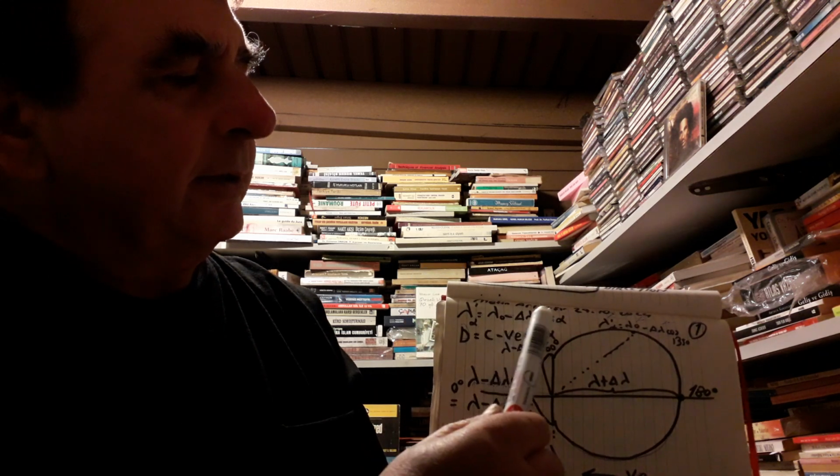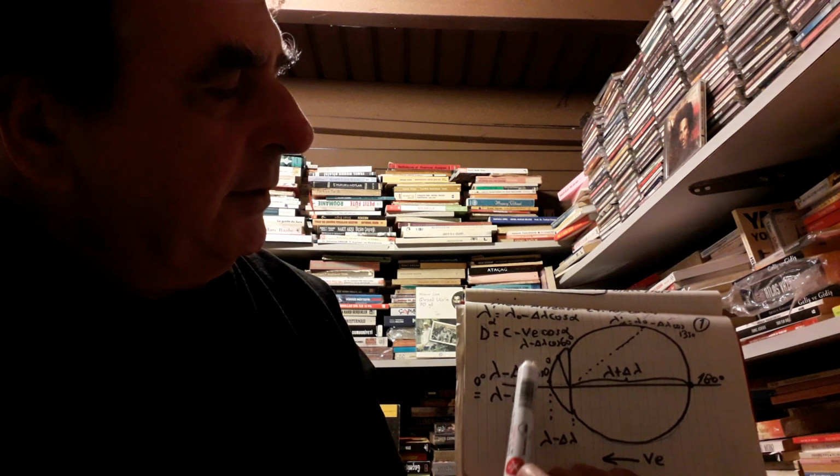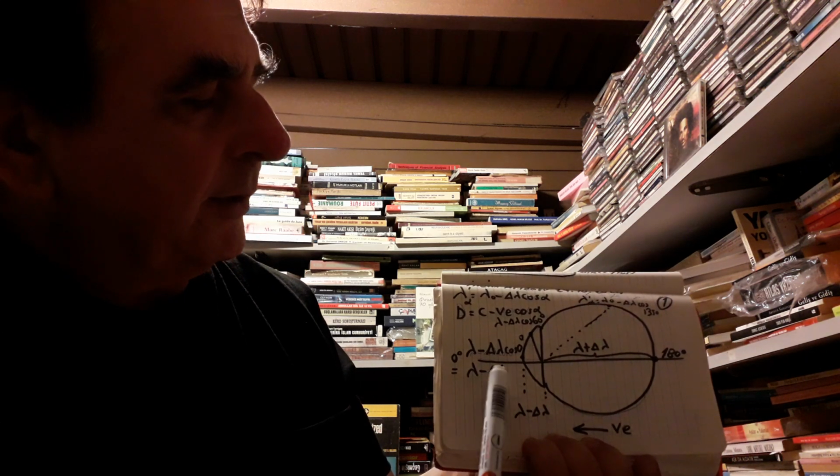Lambda minus delta lambda cosine 0 degree motion direction, lambda minus delta lambda cosine 0 equals lambda minus delta lambda, or the electron length, nothing but the electron radius, okay, and nothing but the wavelength of the electron.